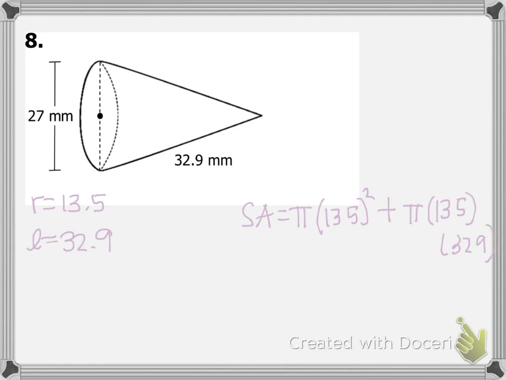So 13.5 squared is going to be 182.25 times pi, plus 13.5 times 32.9, 444.15 pi.